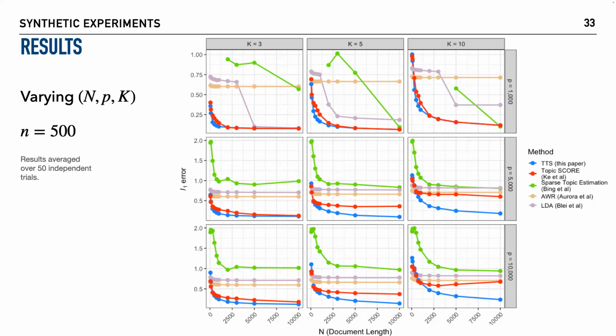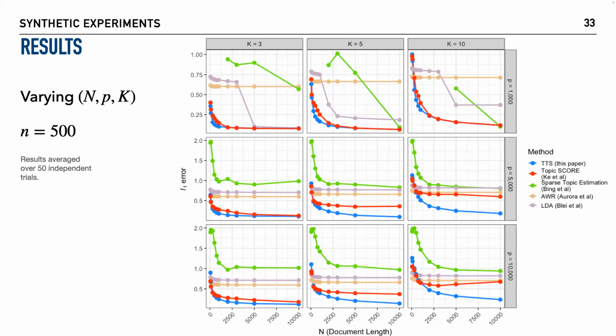So the first thing that we observe, I'm going to compare our proposed method, the blue one, and the original Topic Score method, the red one. When the problem is relatively easy, especially for small vocabulary size, there's a little bit of difference for smaller documents, but the estimators essentially give the same result.